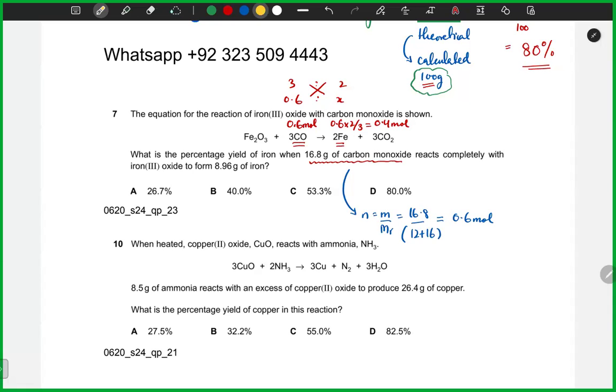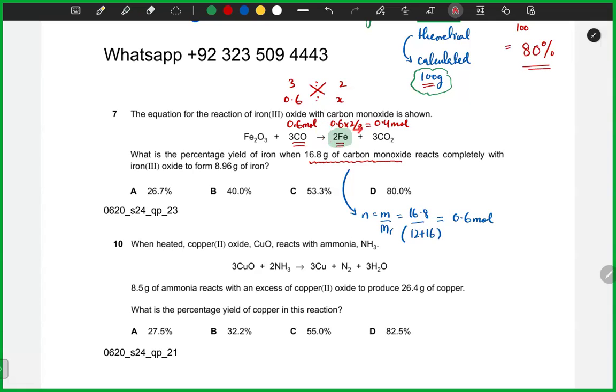Okay, and let me highlight this. These are the moles of Fe, 0.4 moles. So remember, let me tell you again the quick way, instead of doing all the crisscross and the whole thing. If you know the moles of one thing, 0.6, and you want to find the moles of the other substance, all you have to do is take those moles, divide it by its own ratio, and multiply it by the ratio of the other one. So 0.6 divided by 3 times 2.